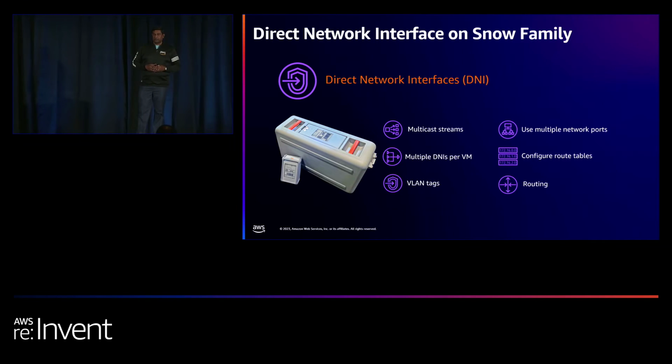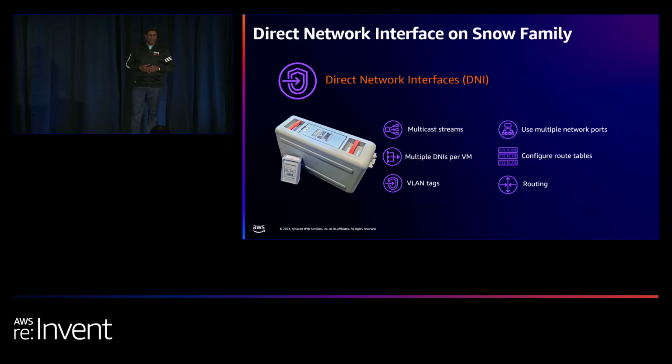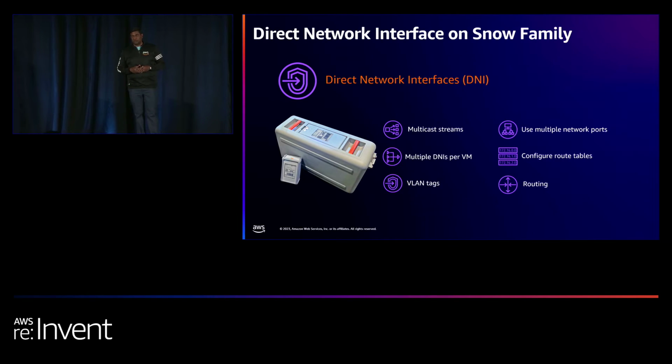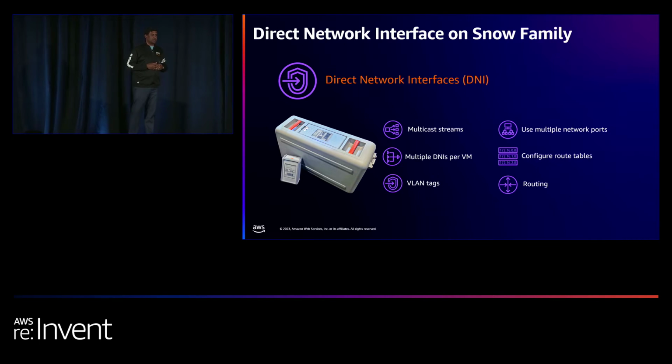With direct network interface, or DNI, capabilities, the Snow devices and Snow services support multicast streams, load balancing, routing, and other network functions that allow the instances on the Snow devices to directly interface with the external network.